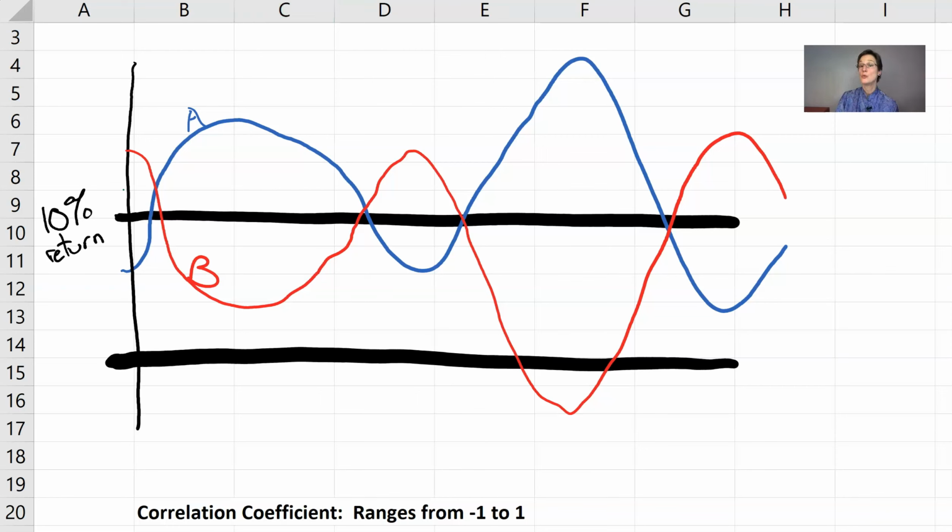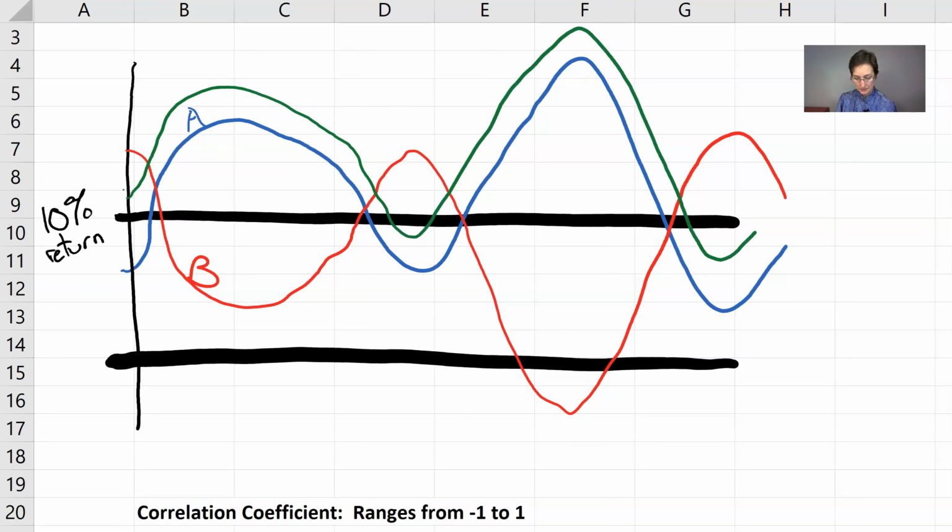Now it could just go right over the blue line, or perhaps it starts a little higher in value and it mirrors it. Those would be perfectly positively correlated because they move exactly the same to economic shocks or whatever. So they're the same.